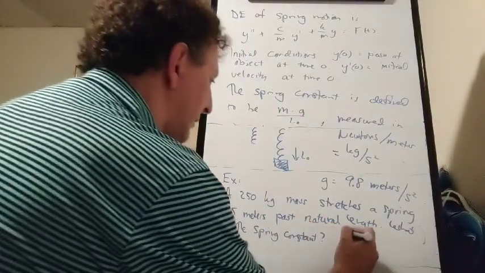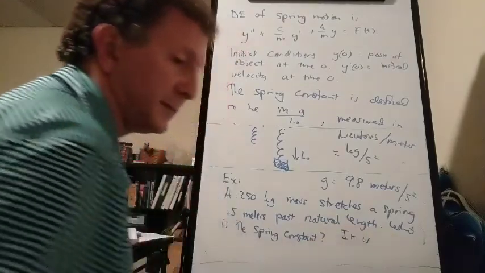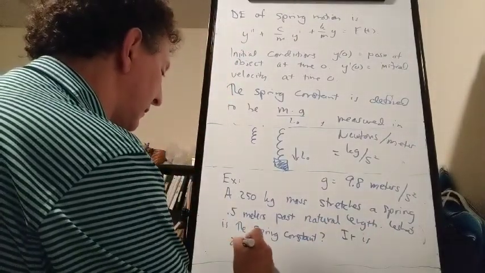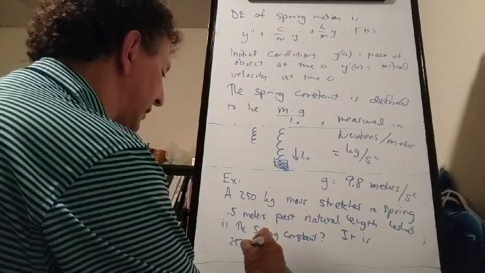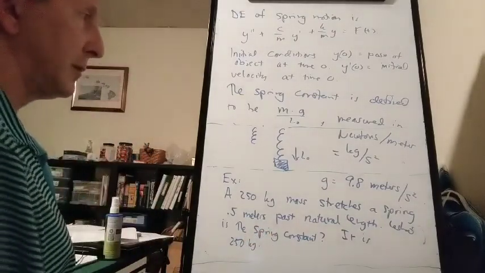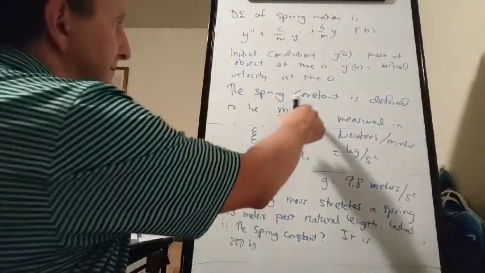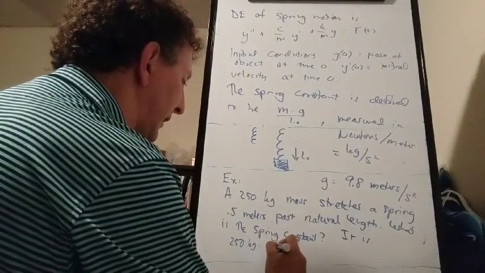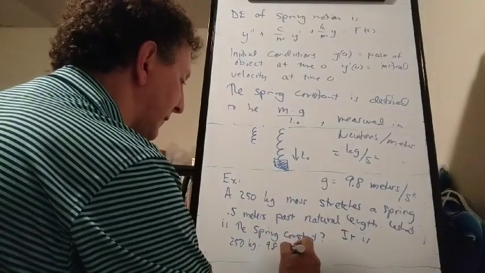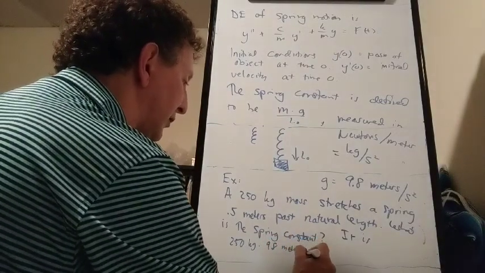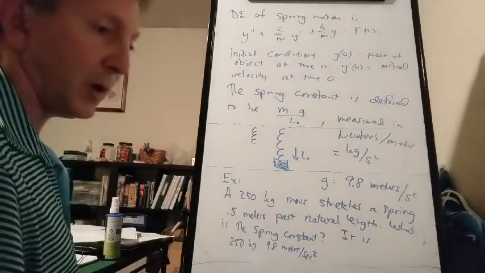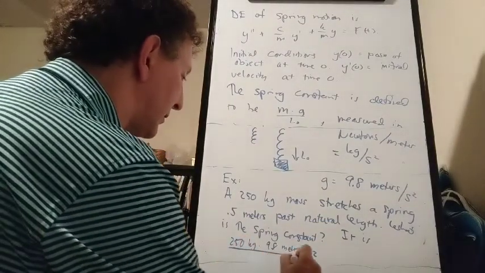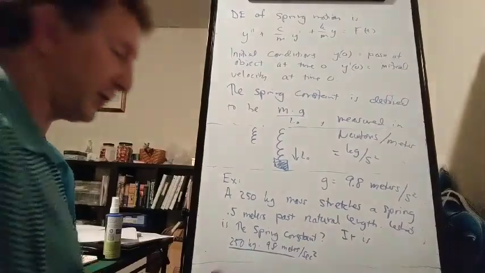So it is 250 kilograms times gravity, so 9.8 meters per second squared, all over 0.5 meters.